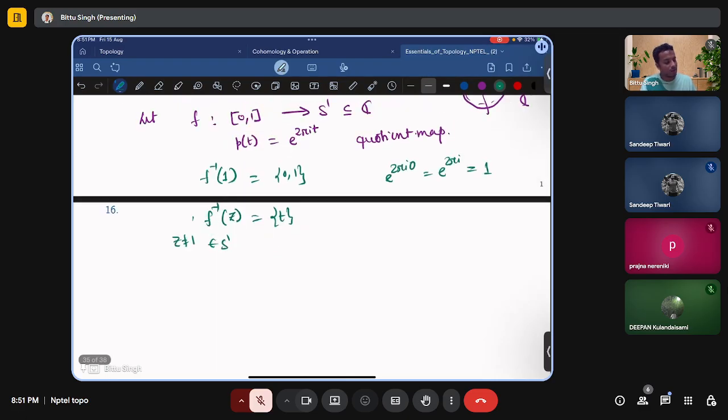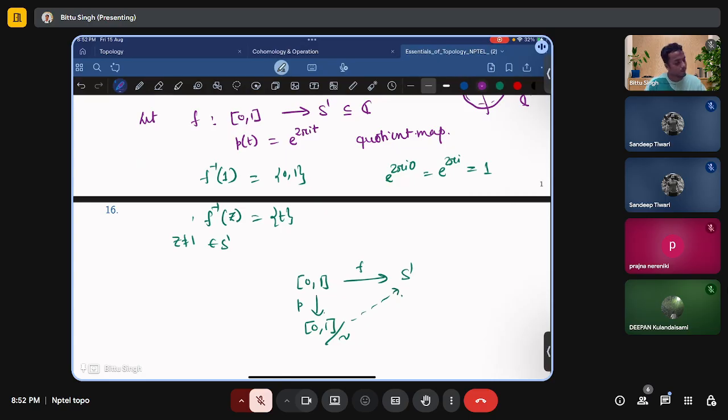So the thing is actually that this f, by the previous theorem, factors through the quotient space.